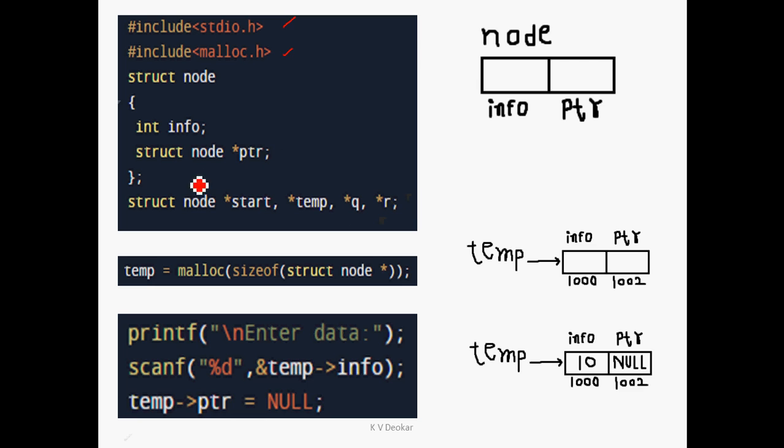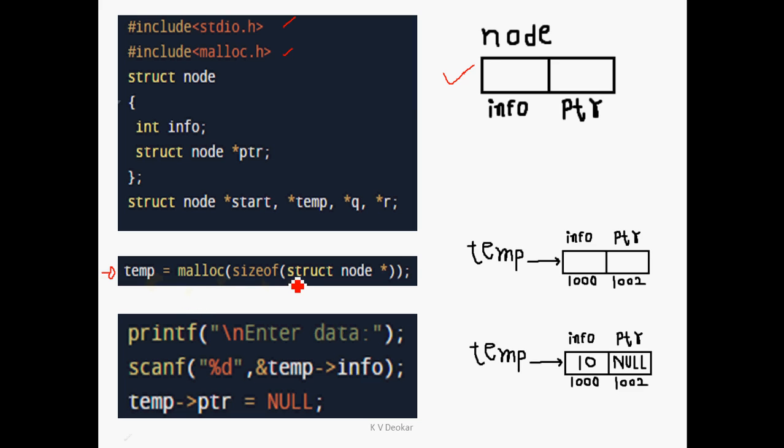After this line, we can create a node with this structure, which contains two parts: the info part, which is an integer, and ptr, which is a pointer that points to another node of type node. So it is a self-referential structure. Then this line of the code is very important. This is nothing but the memory allocation at runtime.